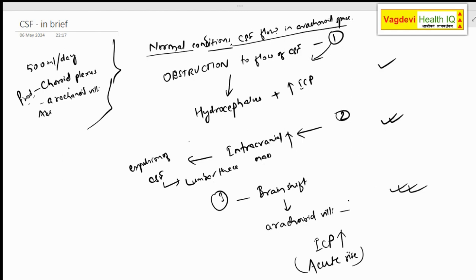Even further it will cause the brain shift as well as pressurize the arachnoid villi, and it will cause an increase in intracranial pressure, which is an acute rise. So this is how it causes more and more severity. You can check the severity level through whatever I spoke just now. Okay, any question you have? No, you understood. Okay, cool.